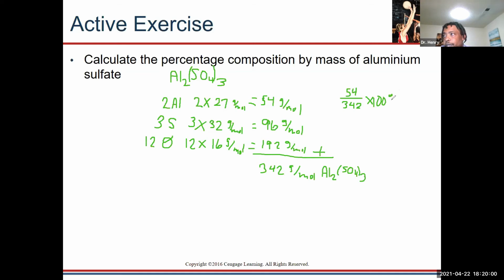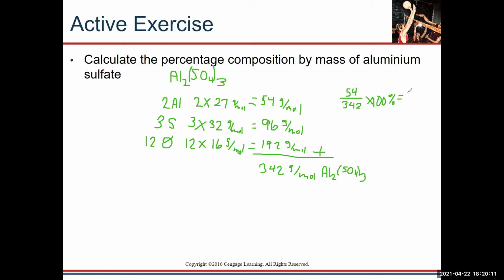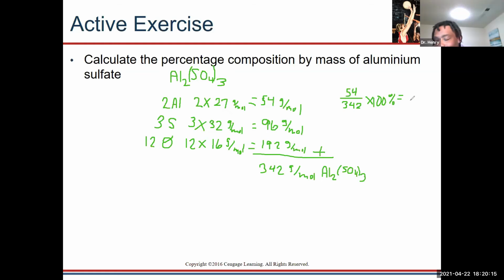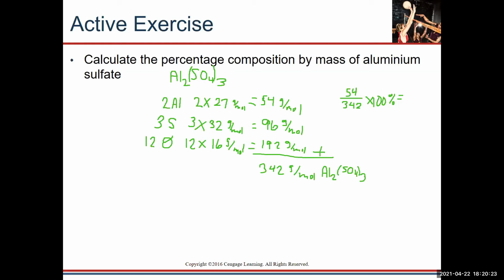And that's going to give me 100.15. Well, maybe I did something wrong. Hold on. 15.8. What did you get? It's going to be 15.8. Can you write it on the board?